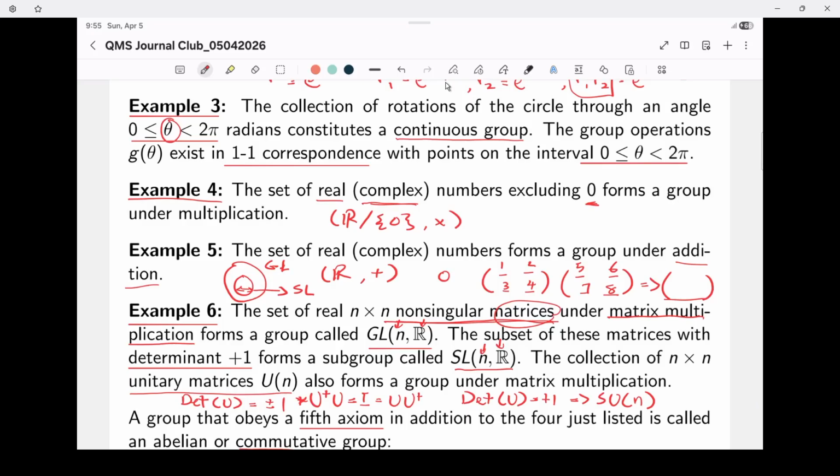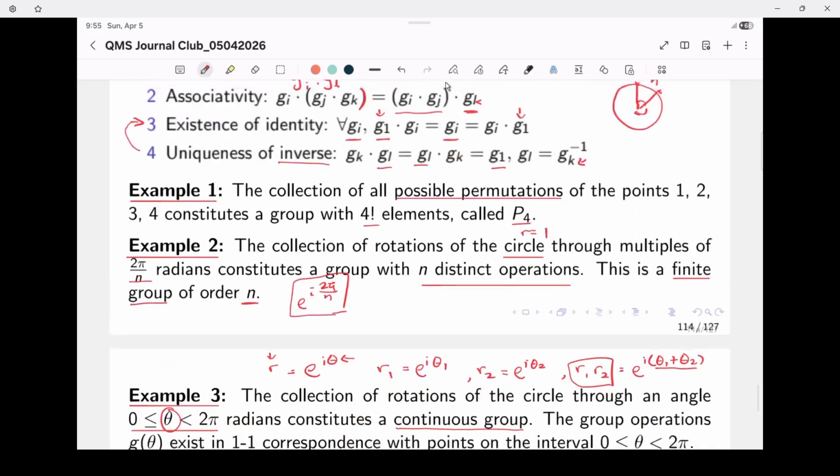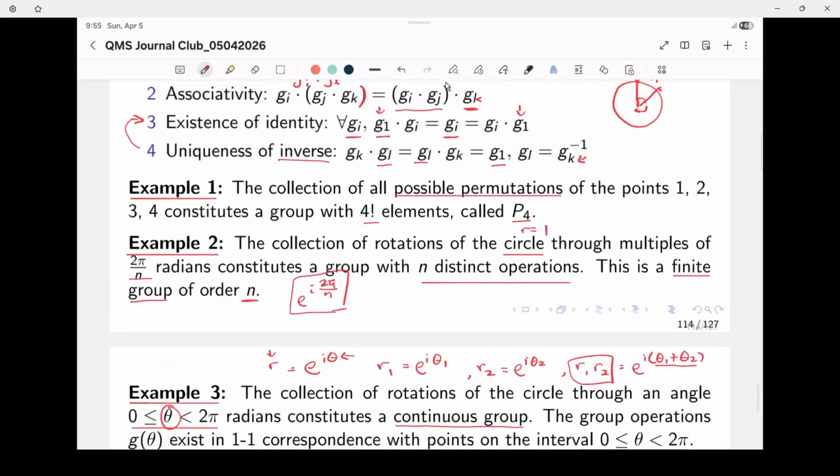You have 6 examples. Is the first one abelian? Anyone want to unmute yourself and say the answer? I don't think so. Okay, the first one is not abelian. How about the second one? Yes, the second one is abelian.